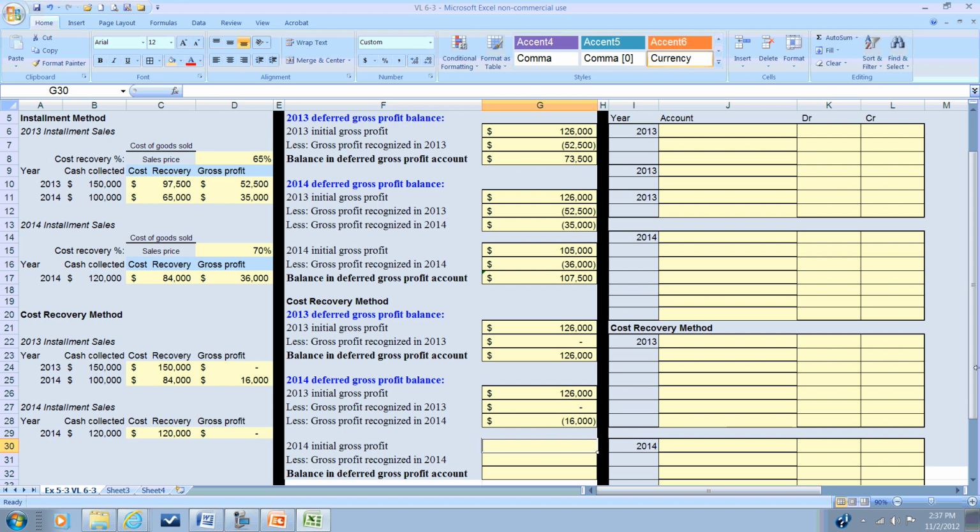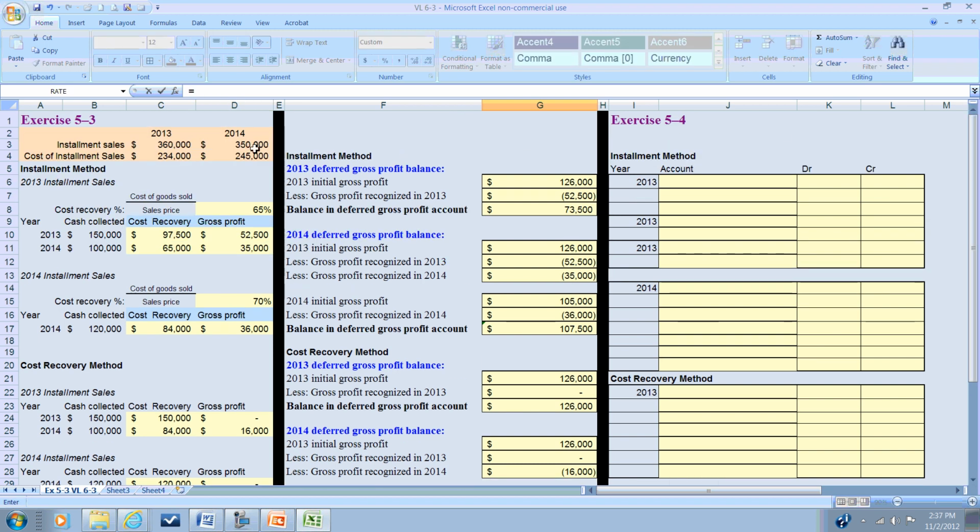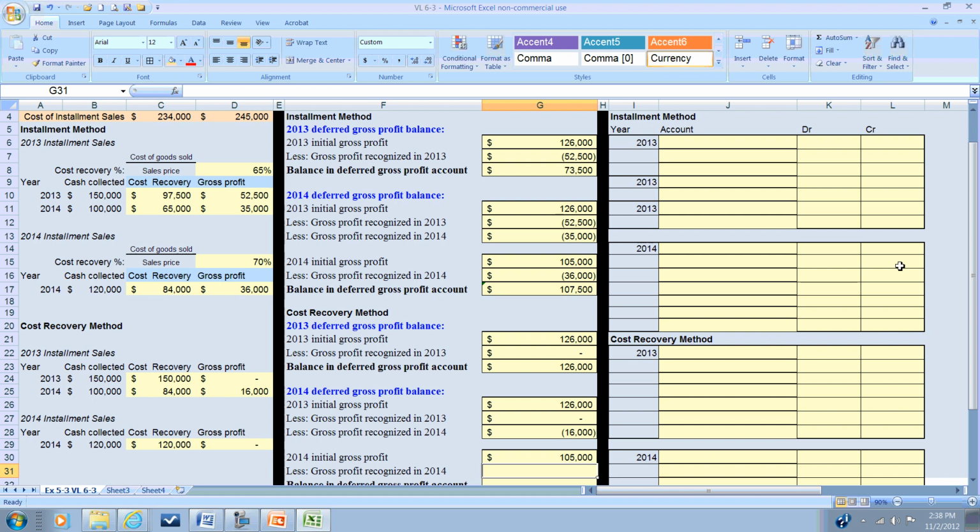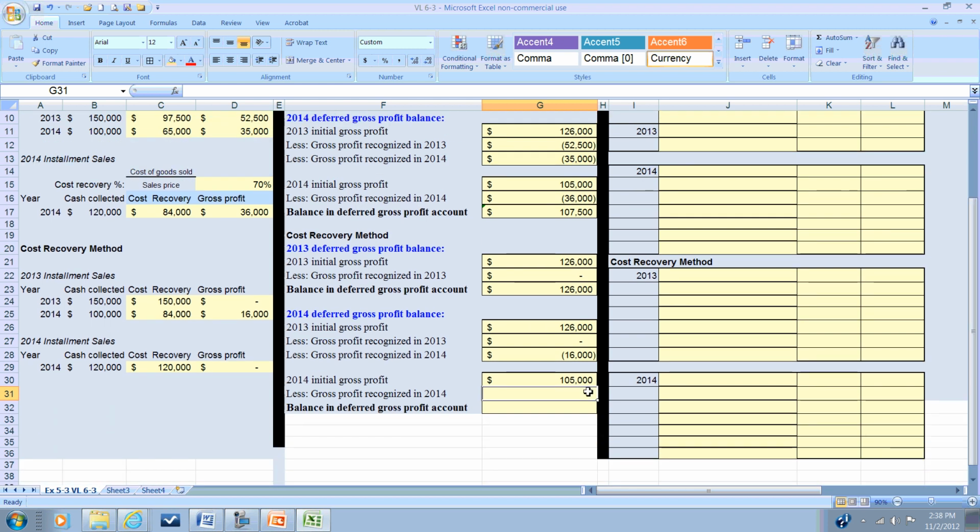So in 2014, our gross profit from our installment transactions, our selling price minus our cost of goods sold, is 105,000. We've recognized zero.